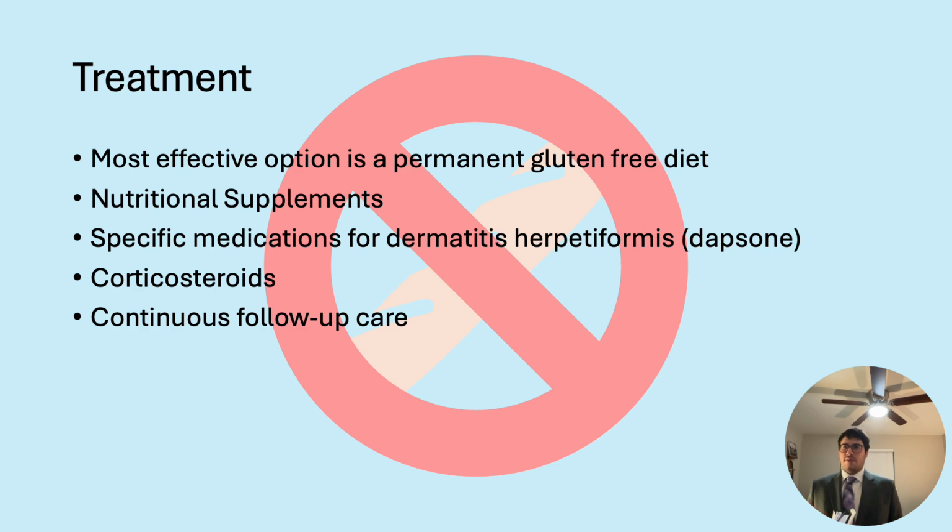If you end up actually having that dermatitis herpetiformis, you're going to get a particular prescription for a cream to rub on that area to reduce swelling, reduce the rash, and whatnot. And along with that, you might be prescribed corticosteroids just to help with the inflammation.